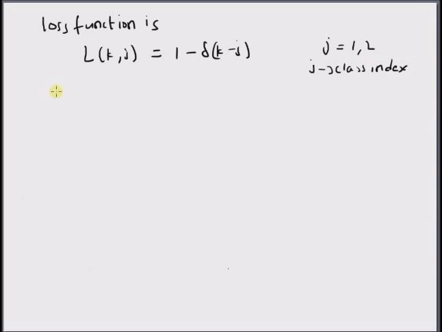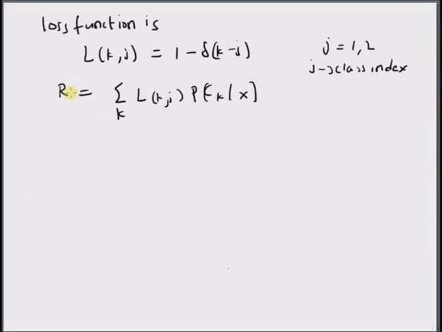And the expected risk function R is equal to the summation of the product of the loss function with the posterior probability of the kth class. So this is the risk function. Now we want to see that the decision rule based on minimizing this risk function is the same as the decision rule based on maximum posterior probability.